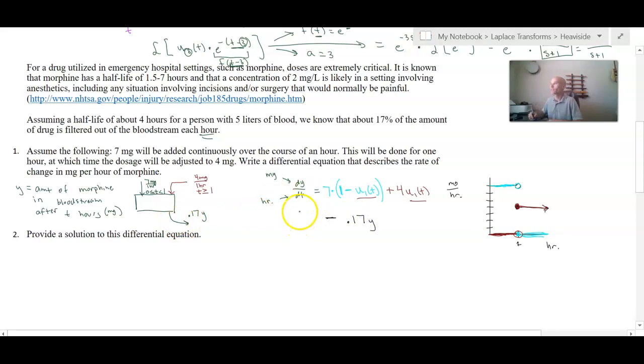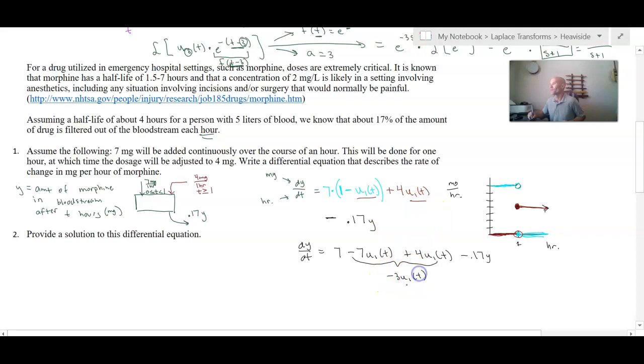Great. So let's simplify this a little bit. dy/dt, if I distribute that 7 through, I'll have 7 minus 7u1 of t. This is the reason we wrote it this way, because logically it made sense to write it that way. And then I have 4u1 of t minus 0.17y. Notice that these two terms collectively give me negative 3u1 of t.